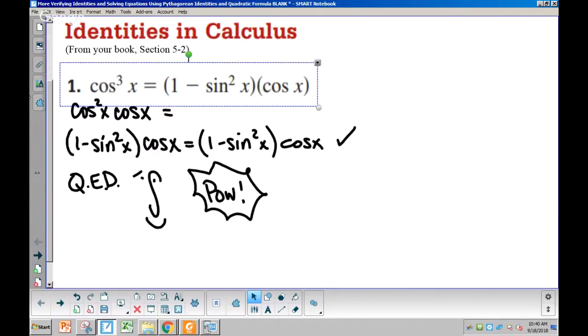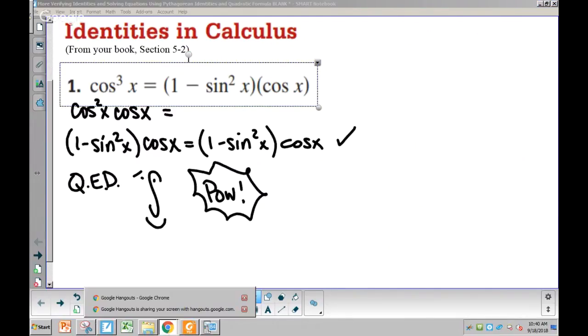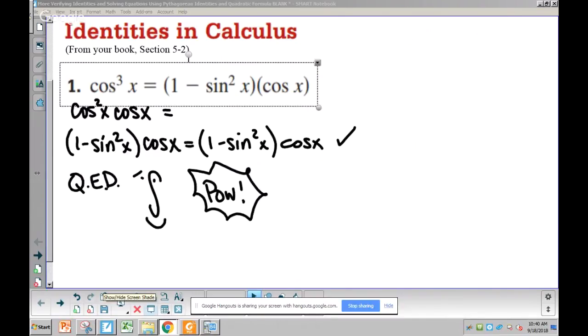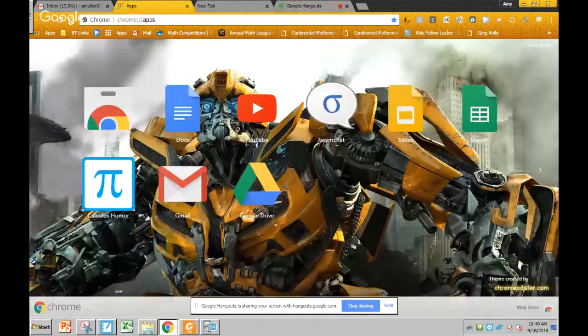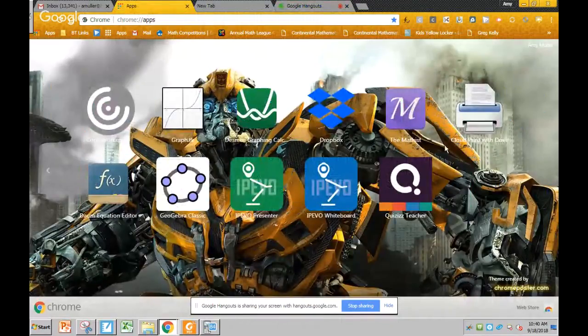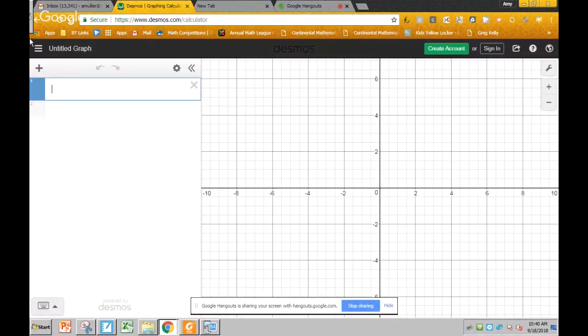And let's get you on the right page here. This one. I want my apps, and we're going to go over here and hit Desmos. Double click it. Okay. And the identity that we're going to type in is y equals cosine, and you can raise that using the caret symbol.